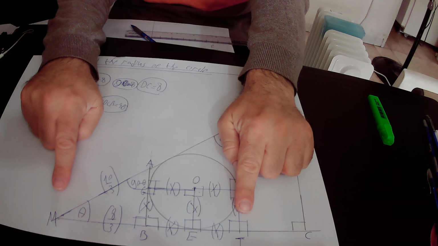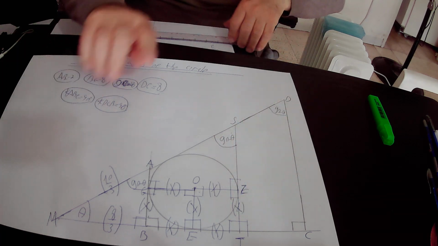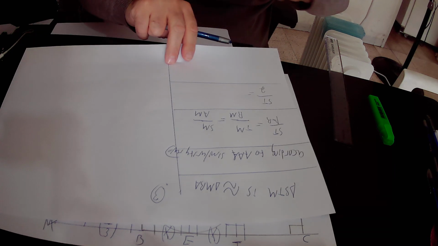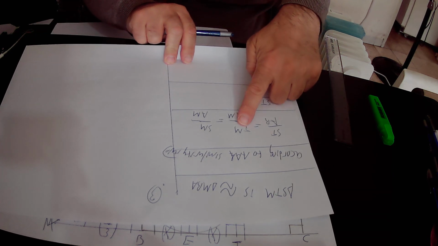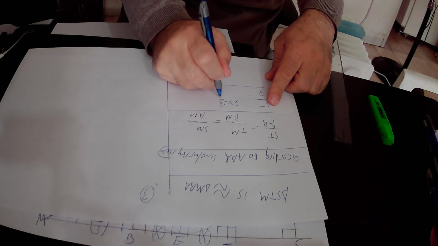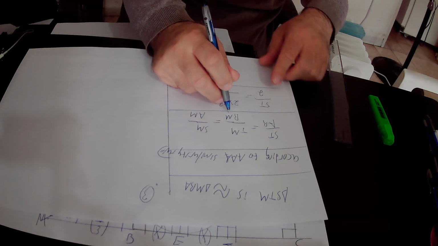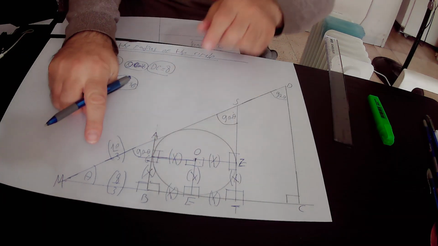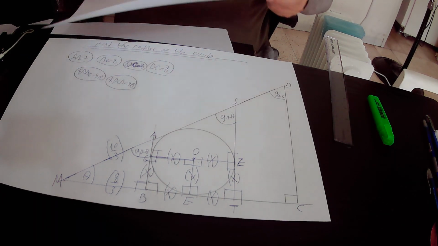So in total, TM equals 2x plus 8 over 3. So we substitute here TM by 2x plus 8 over 3, all divided by BM. BM equals 8 over 3, so we substitute BM by 8 over 3.